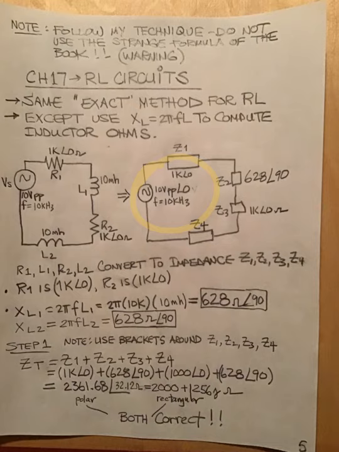The frequency of 10,000 hertz has produced 2 new values for the inductors, and the resistors are unaffected by frequency. So we have a 10 millihenry and a 10 millihenry inductor, which is going to produce the same voltage across both parts. I'll let you follow the calculation of impedance right here, ZT.